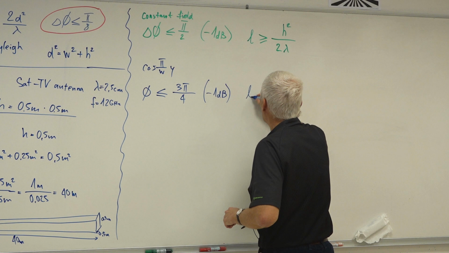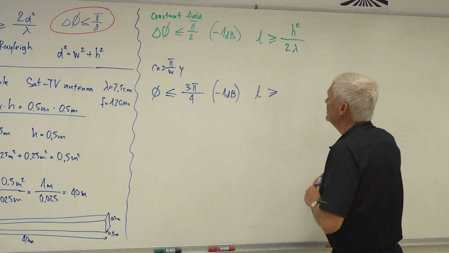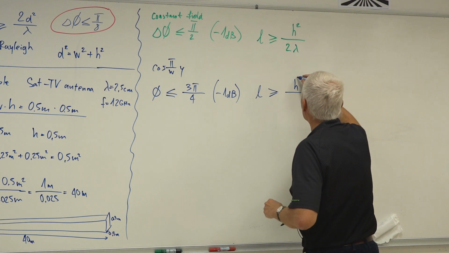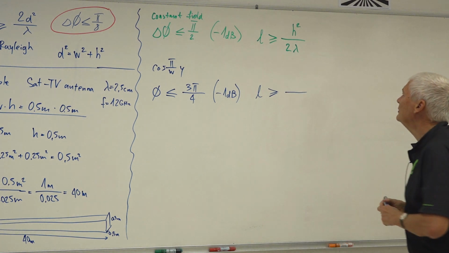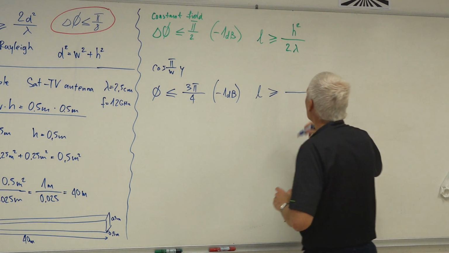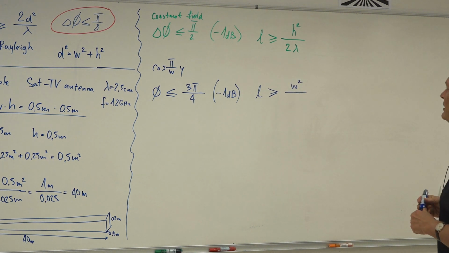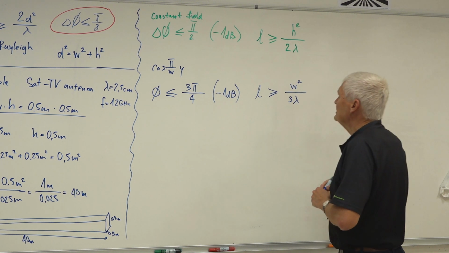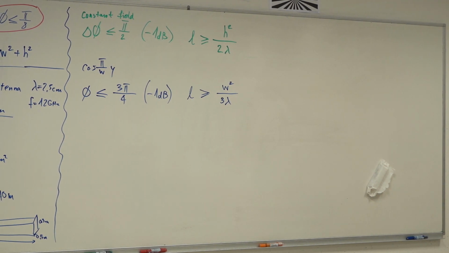So L is now larger or equal than what? Larger or equal than 3/4 is now h over, no h, but it's somewhat, so I have w squared over, so if the phase error is allowed to be larger, then I think here it's 3 lambda. 3 lambda, I hope I didn't make mistakes, to have this allowed larger phase error.